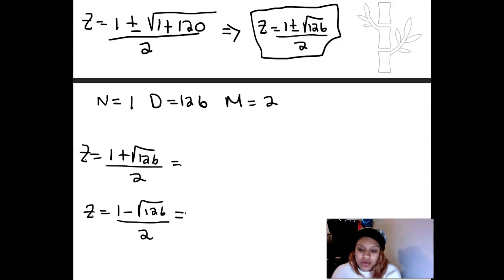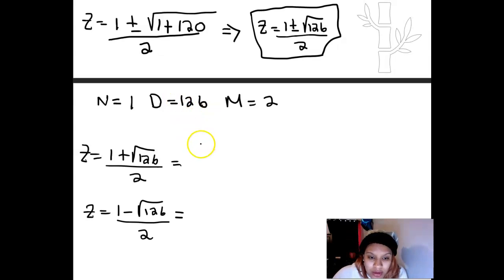And I'm going to be using my calculator, and I'm going to do it one step at a time. So I'm going to do 1 plus the square root of 126. I'm going to hit enter, and then I'm going to take that number and divide it by 2.